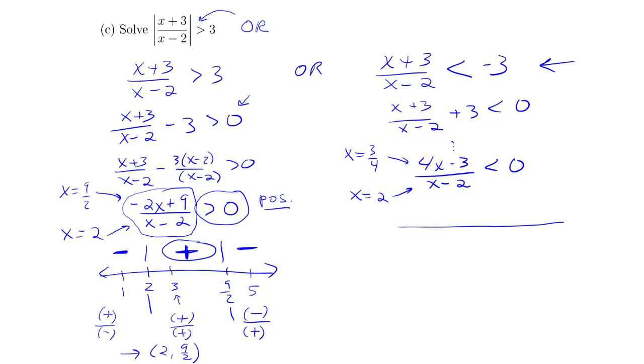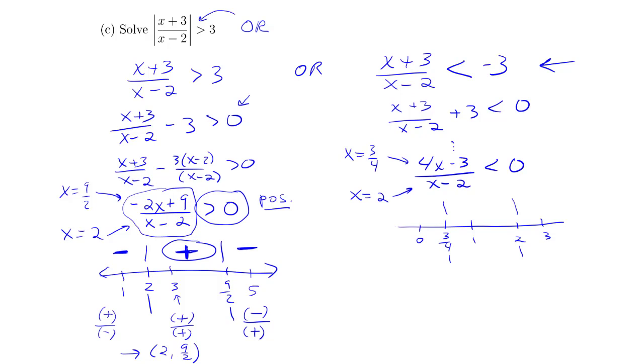I would need 3/4 and 2. And that's where I'm going to split. So less than 3/4, I could use 0 in there. Between 3/4 and 2, I could use 1. And bigger than 2, I use 3.